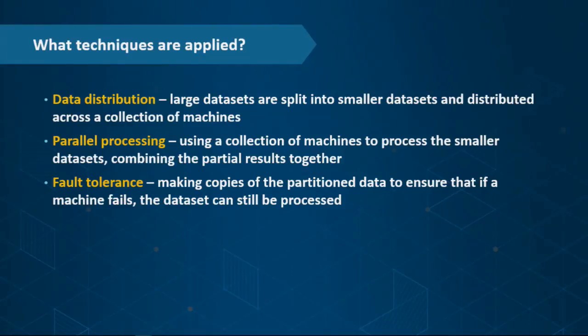At some of these large web scale companies, they'll have multiple failures every hour. When you're running 10,000 machines, they will fail with a pretty regular cadence. So you make copies of this partitioned data and put these smaller data sets on multiple machines. If one of the machines fails, the data is still there and can still be utilized.